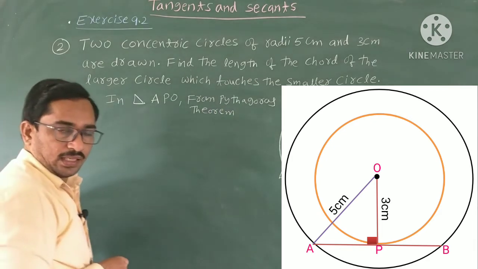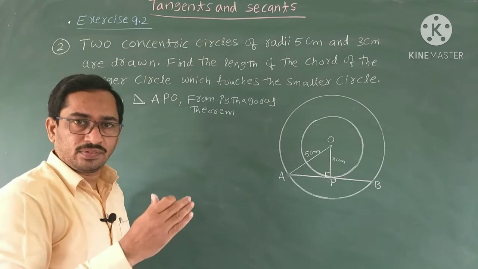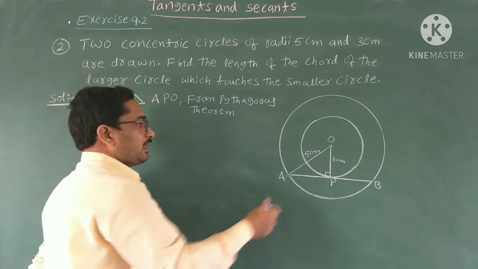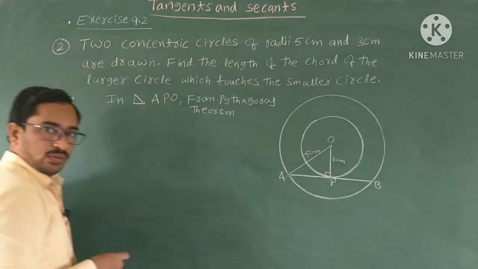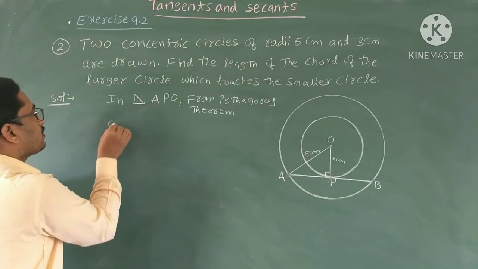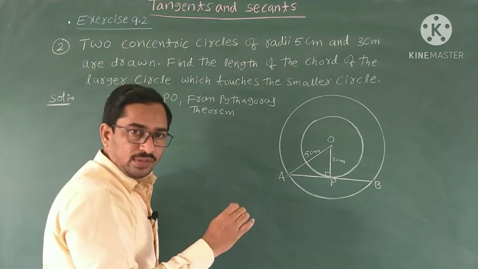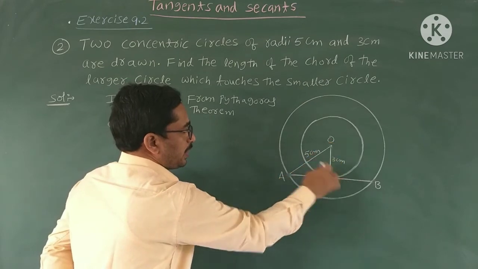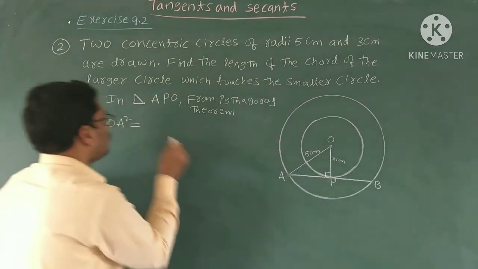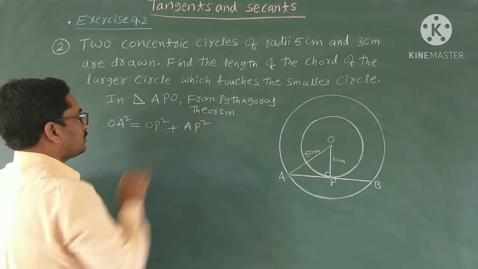The statement of the Pythagoras theorem: the longest side squared equals the sum of the squares of the remaining two sides, and the longest side is always opposite to the right angle. Here the longest side is OA. So OA squared equals the sum of the squares of the remaining two sides, OP and AP. So OP squared plus AP squared.